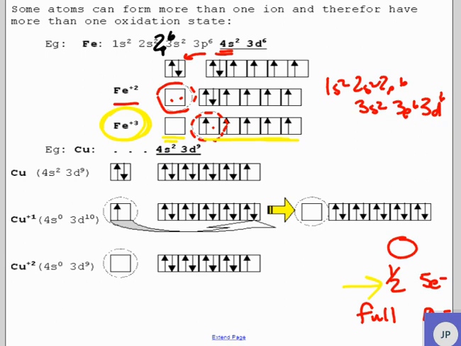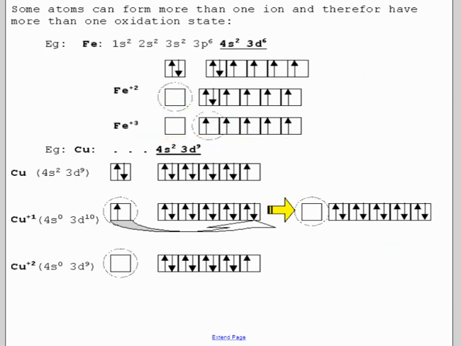Well, when I fill in the electron configuration for the copper atom, we actually end up with an interesting scenario. Following the Aufbau rule and going in the order that we see them, we would end up writing copper with 4s2 and 3d9.